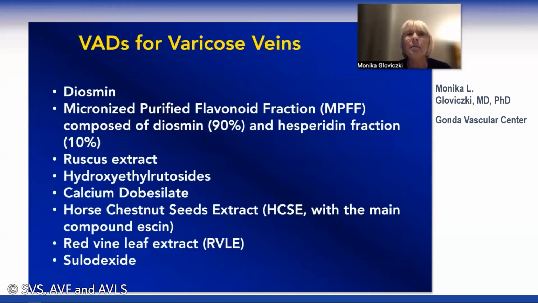Our committee reviewed the following venoactive compounds: diosmin, micronized purified flavonoid fraction composed of diosmin and hesperidin, ruscus extract, hydroxyethyl rutosides, calcium dobesilate, horse chestnut seed extract, red vine leaf extract, and sulodexide.